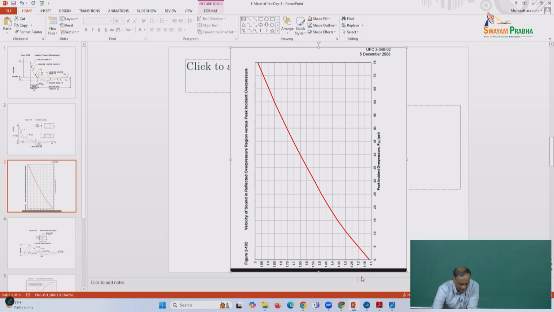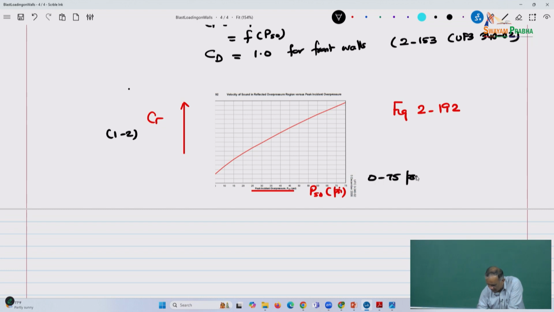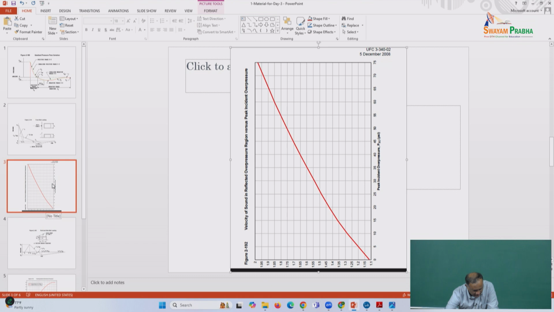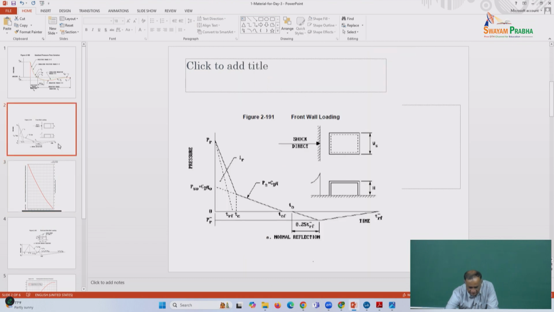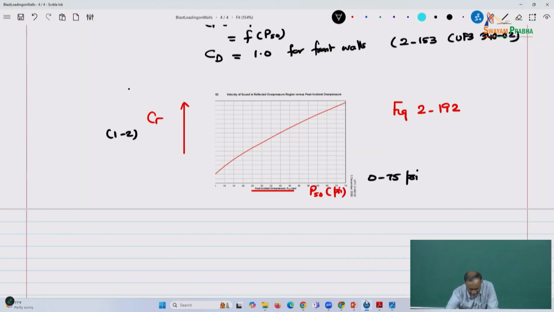So CR ranges from 1 to 2, and this is going from 0 to 75 psi. You can check figure 2-153, and that's where you'll see CD is equal to 1.0 for front walls.